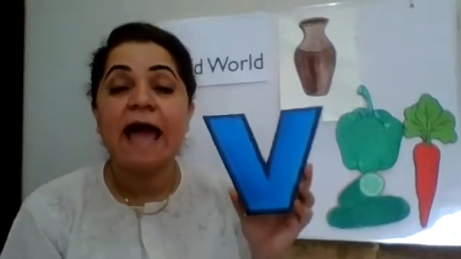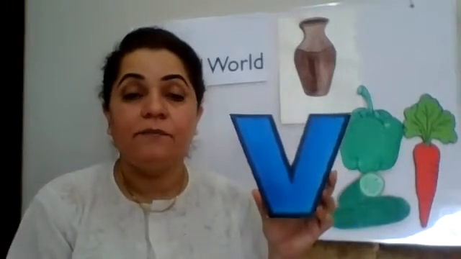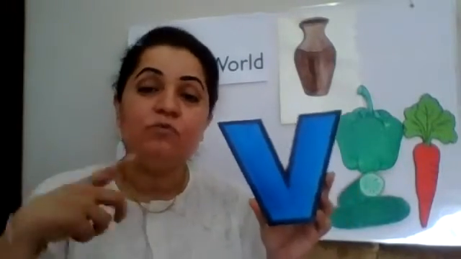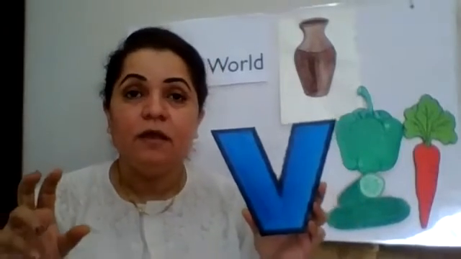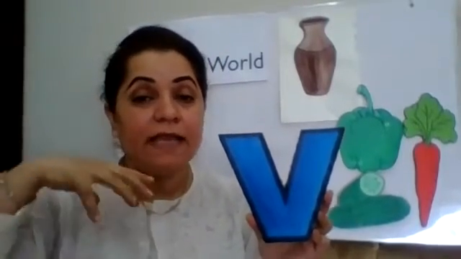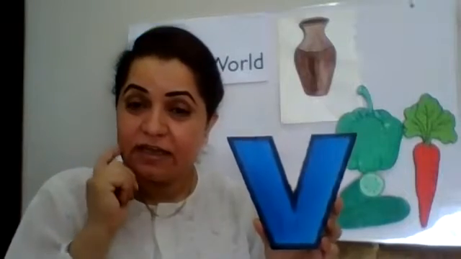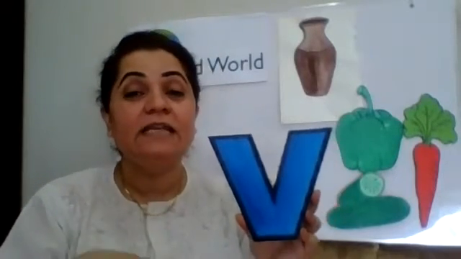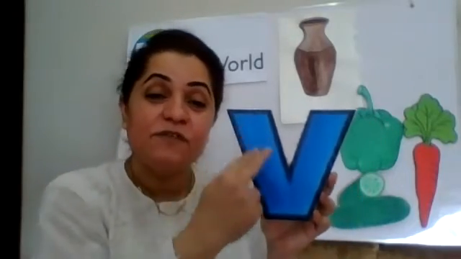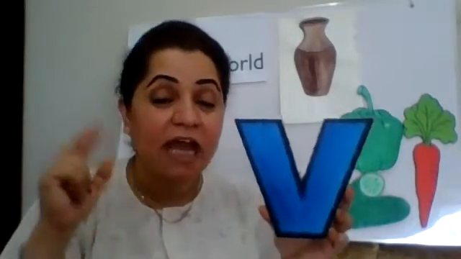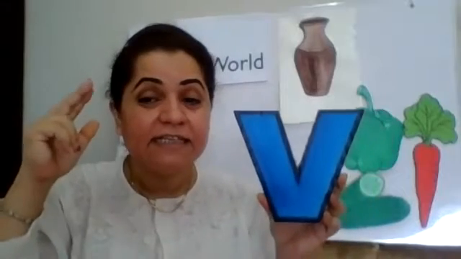Yes, there is one landform, a mountain. It's a kind of landform, but it's not only a mountain. It has something else which comes out from that mountain. That is also a landform, and that starts with V. Now, do you have any idea what that is?